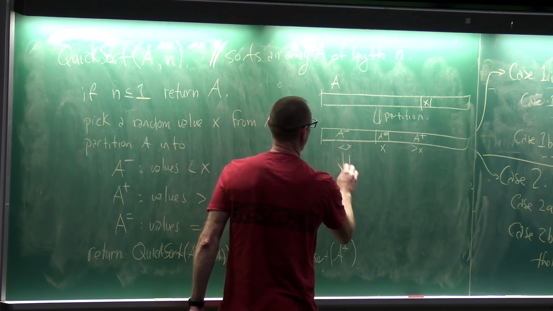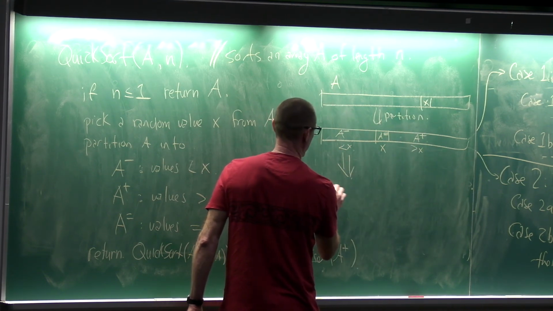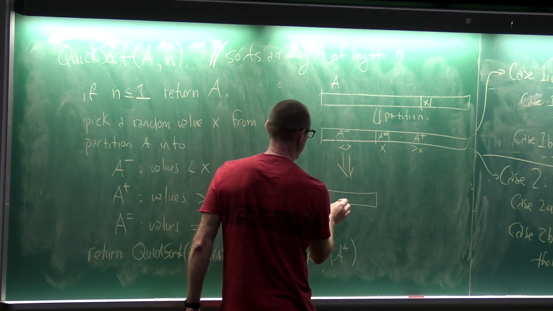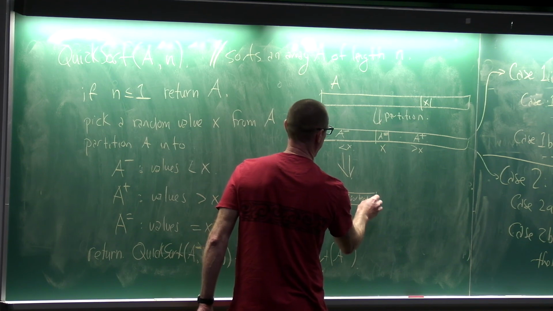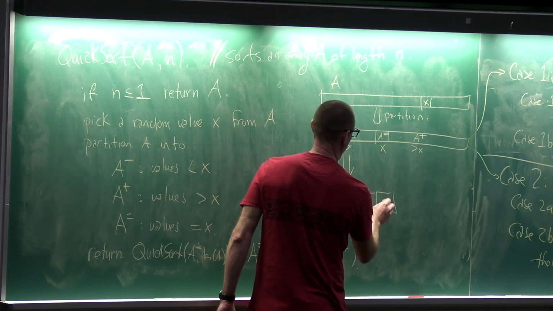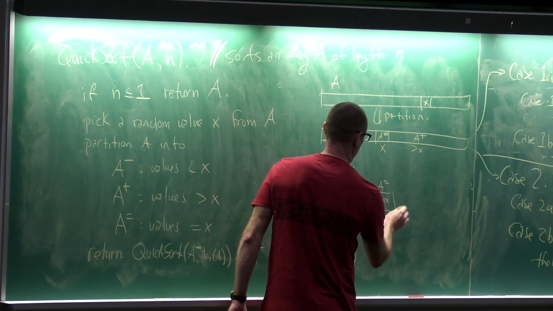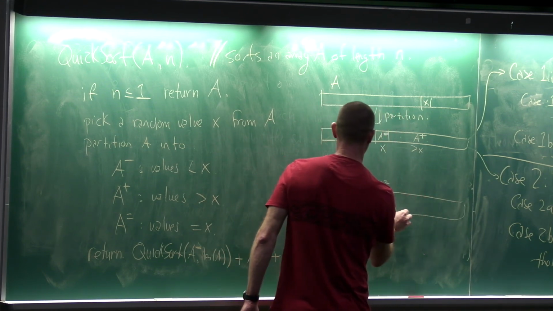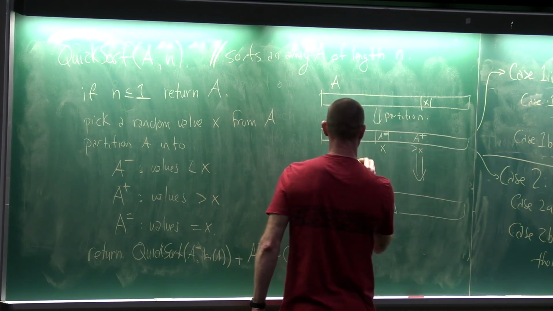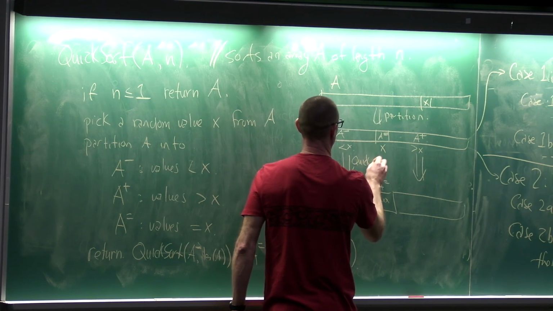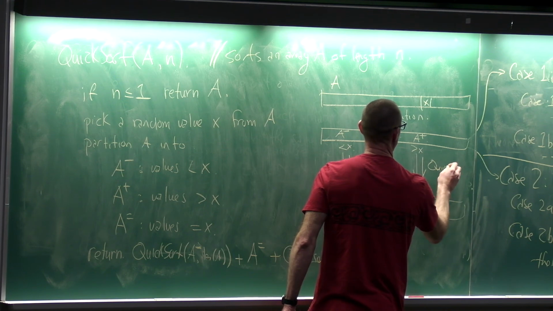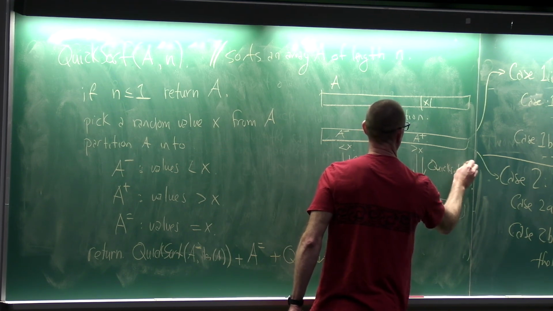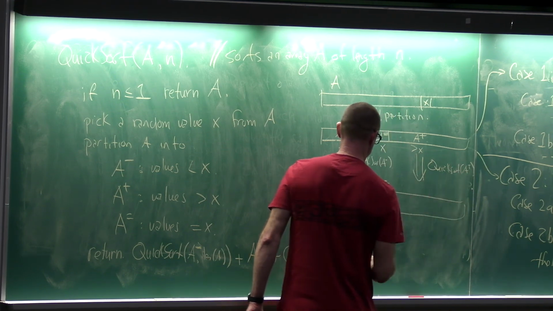And then we recursively sort A minus, but now it's sorted. Then we take all the values equal to x, that's A equals. And we also, so this is quicksort A minus, this is quicksort A plus.